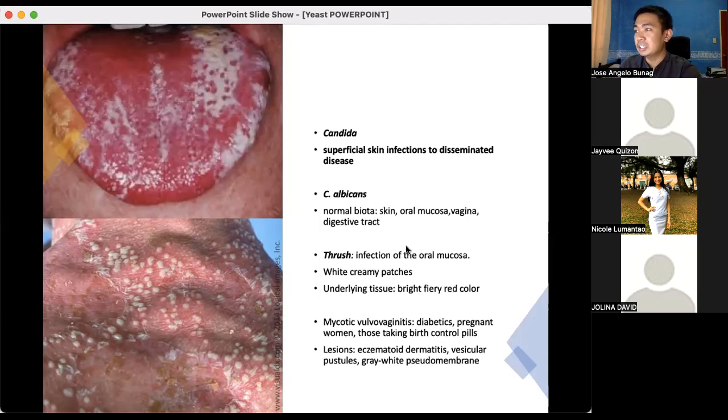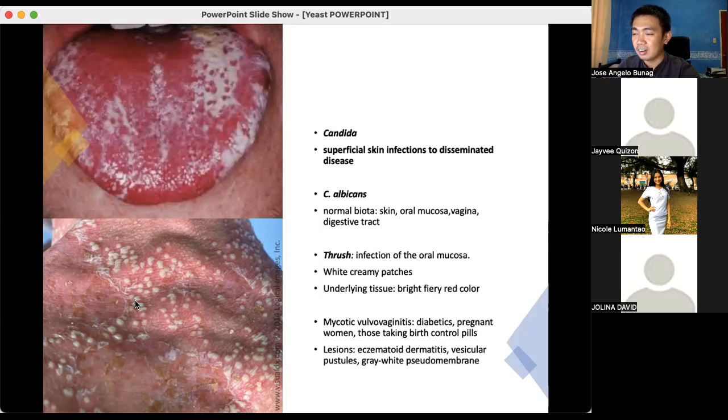So usually these specimens, mga classmates, na ginagamit natin for diagnosing this type of condition are your swabs. Pwede din naman scrapings from the superficial lesion. You could also get blood sample from your patient. Pag systemic yung infection, you could get cerebrospinal fluid.